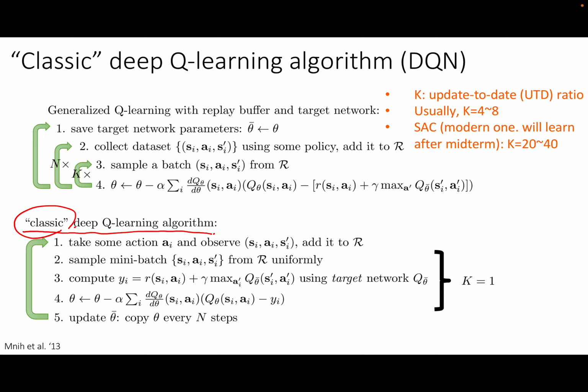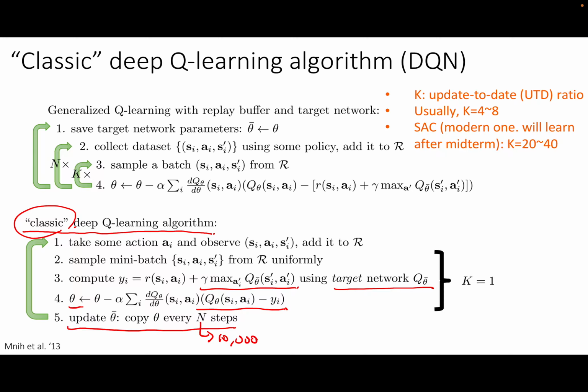Here we have the target network Q theta bar, right? So we have the target, and then we update theta by minimizing this loss function, and update theta bar: copy theta every n steps. So in the previous slide, n was 10,000 or so.